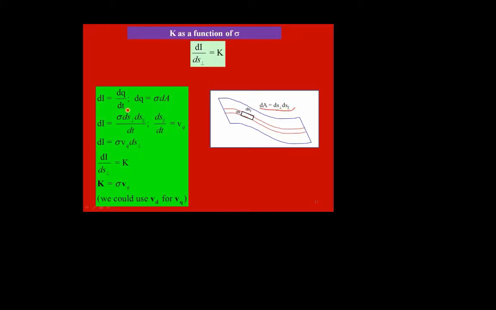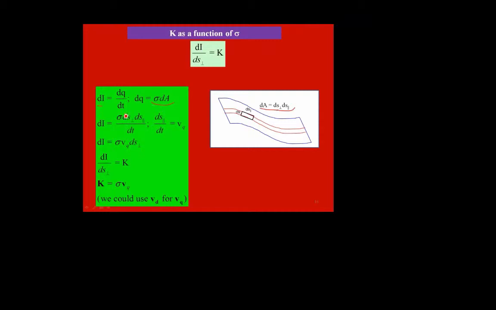Okay, so let's come over here and look at the dI. dI is the current that's entering this little area along this direction here. And we know that that's dq/dt, so dq entering into this region is going to be equal to the charge density times the area, which is dA. So let's put in dA in terms of the ds's.